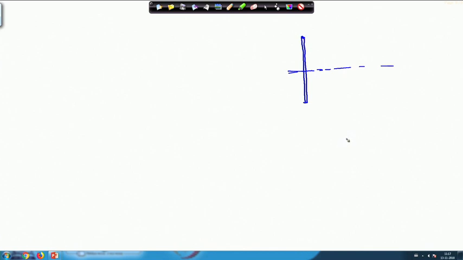So, Ka1 I can find: Ka1 will be (1 minus sin 30) by (1 plus sin 30), so this becomes 1 by 3, and Ka2 will be equal to (1 minus sin 18) divided by (1 plus sin 18).